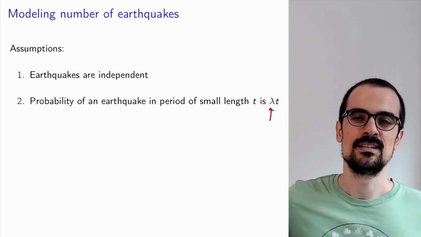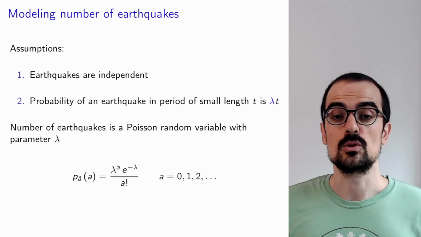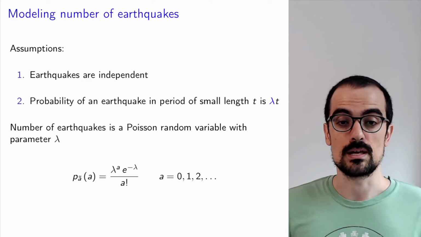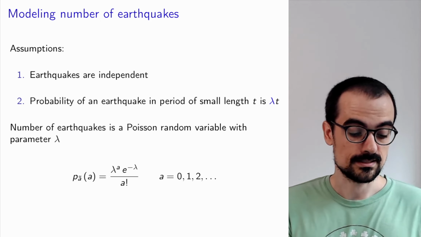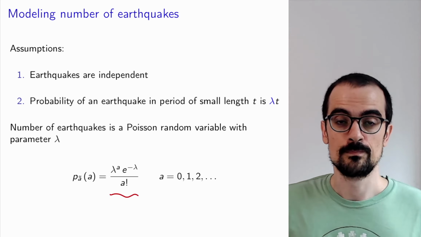Okay, earthquakes per year or earthquakes per second or something like that. If you make this assumption, the number of earthquakes is going to be a Poisson random variable with parameter lambda that has this expression, which again we will derive in a following video.